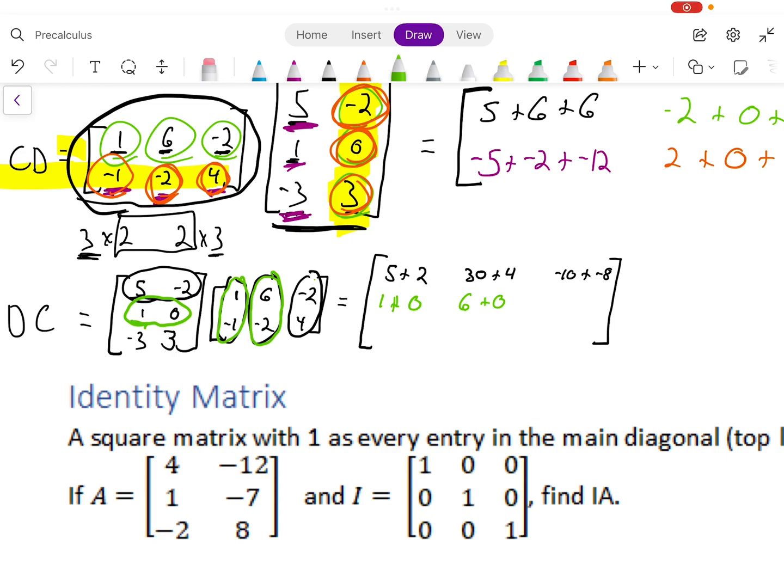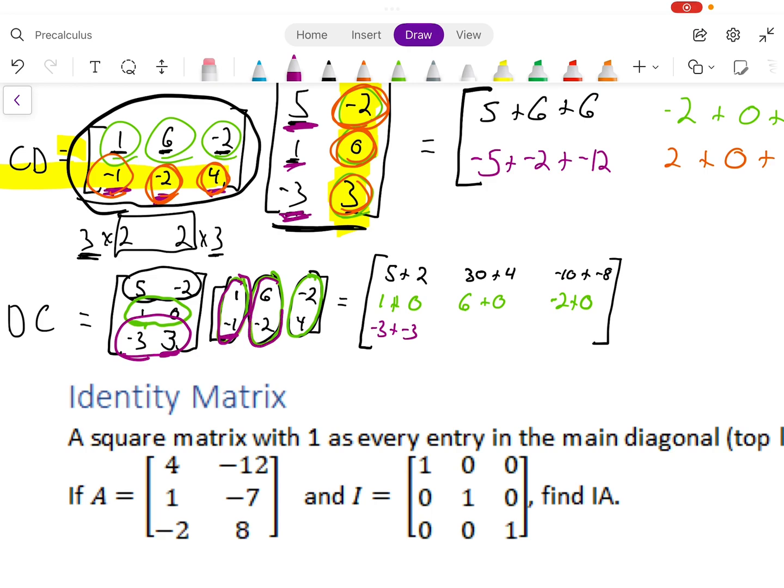And then second row with third column. 1 times negative 2 is negative 2, plus 0 times 4 is 0. Now we go to our last row with our first column. Negative 3 times 1 is negative 3, plus 3 times negative 1 is another negative 3.